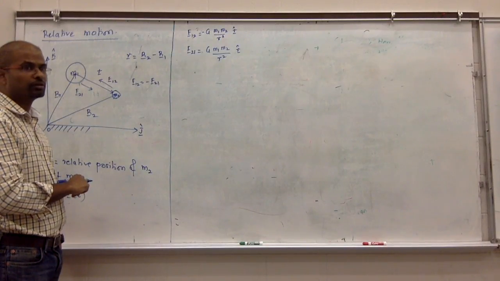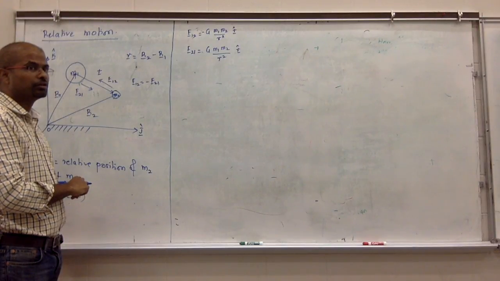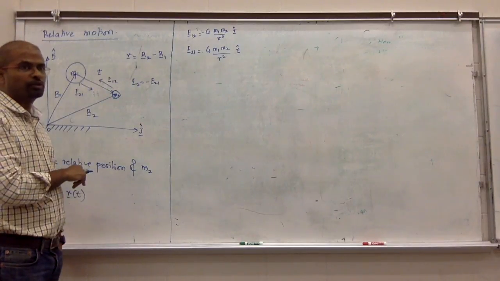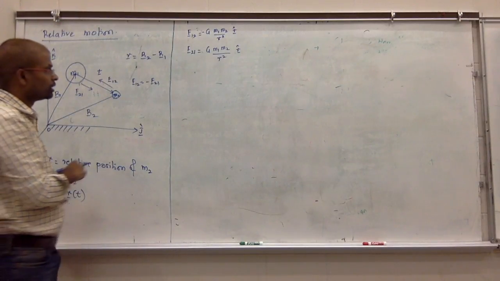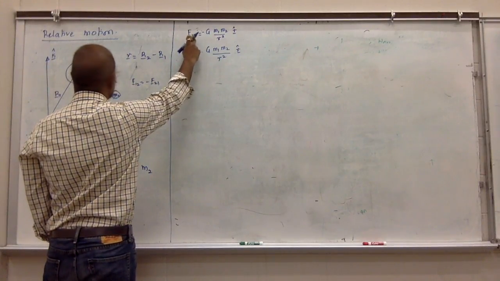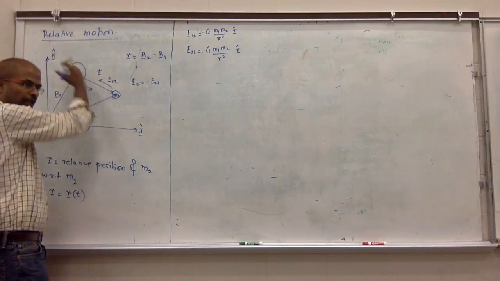Why is the R vector, does it have to be from the bigger mass to the small mass in that direction, or could it be the opposite direction? So here both of them have been captured. This is the force of attraction on body m2 with respect to m1, which is in that direction.